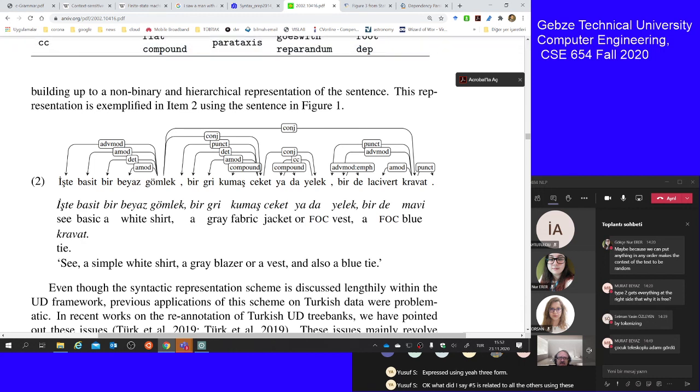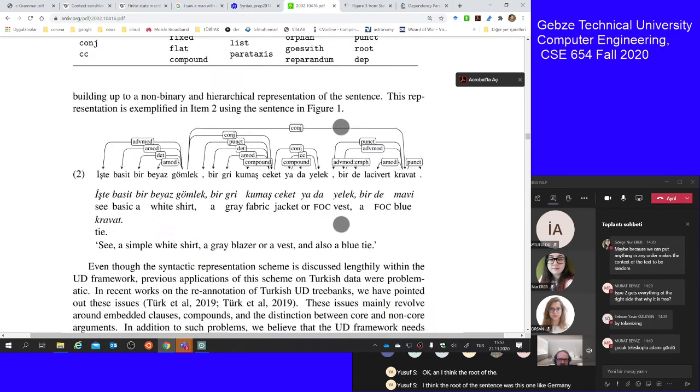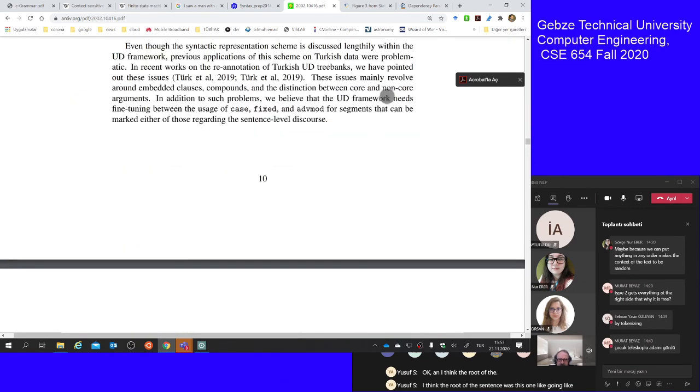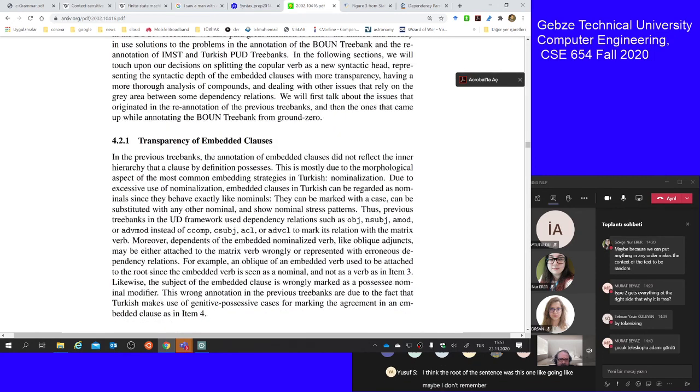For humans, this is more readable in a visual way. And I think the root of the sentence was this one, like gömlek maybe. I don't remember.